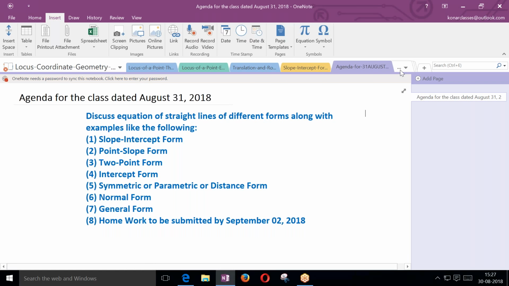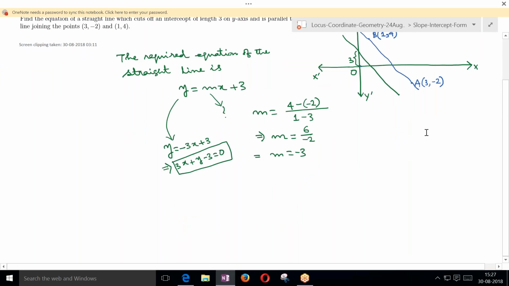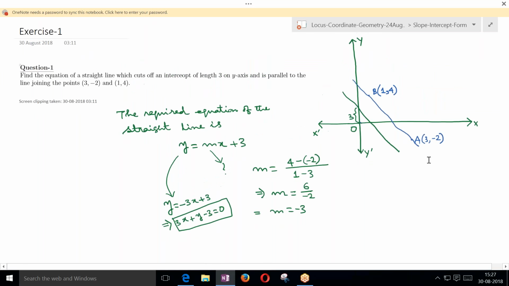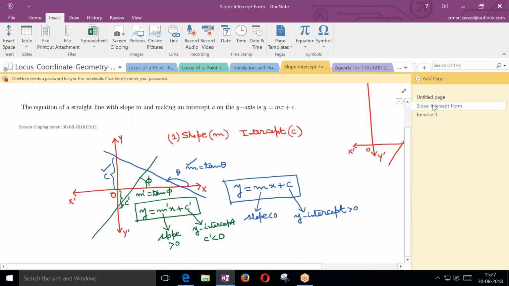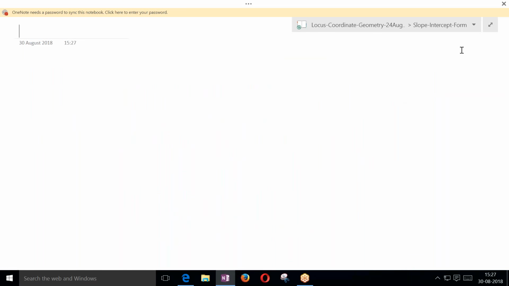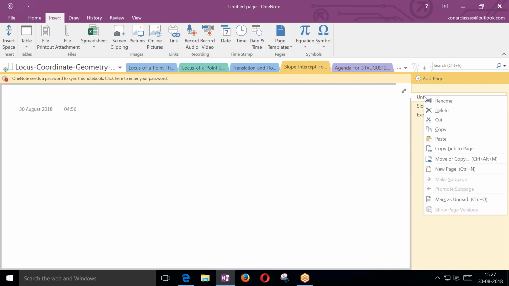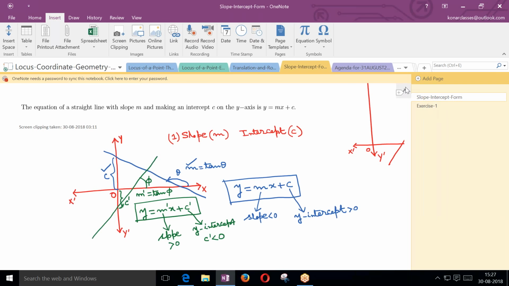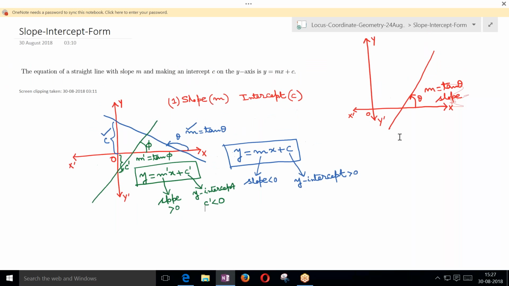So now let me discuss the first one, the slope-intercept form. In the slope-intercept form, the straight line is making an angle of theta with the positive direction of the x-axis.